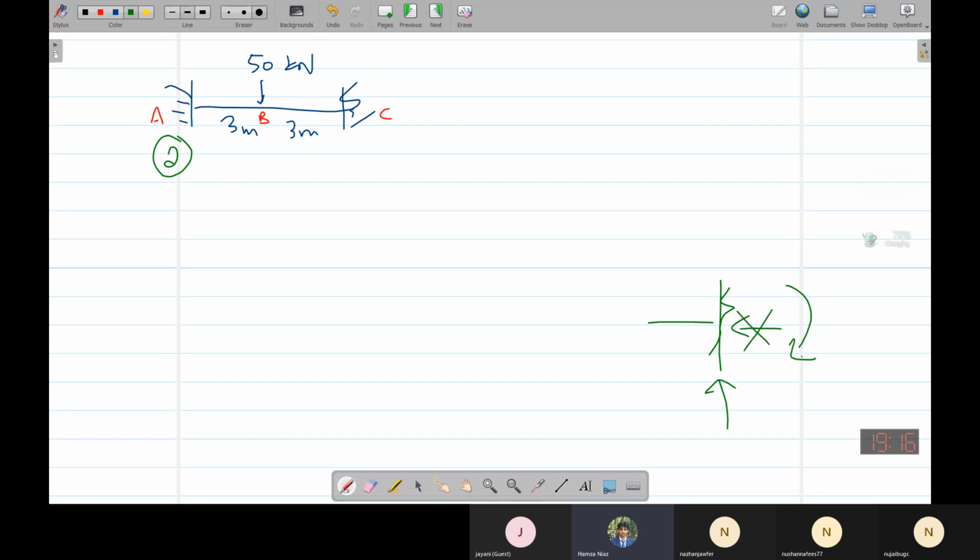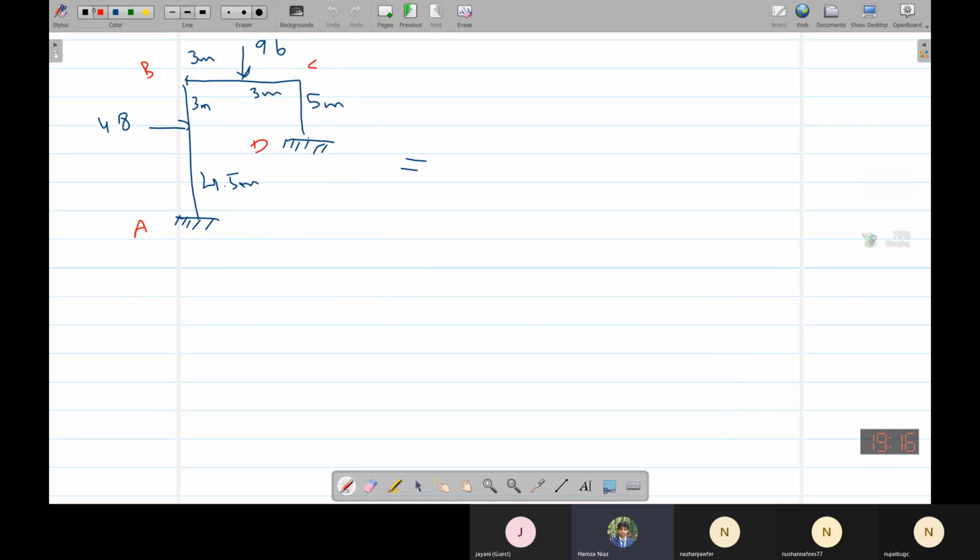But we are ignoring the horizontal one for beams. We'll consider it in frames, but in beams we ignore it. So two reactions at A and two reactions at C, so that will become 4 minus 2 is equal to 2 degree. So this is indeterminate to second degree.